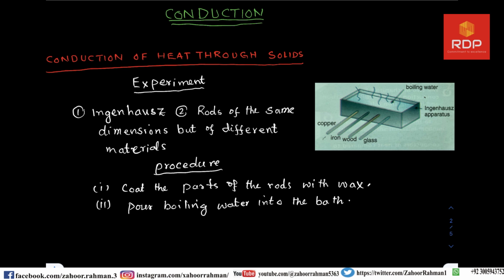What we are observing is that the wax melts the farthest along the copper rod, followed by the iron, then glass, and then wood. In another sense, we can say the length of unmelted wax is shortest for the copper rod and longest for the wooden rods. These are the observations we made in this experiment.